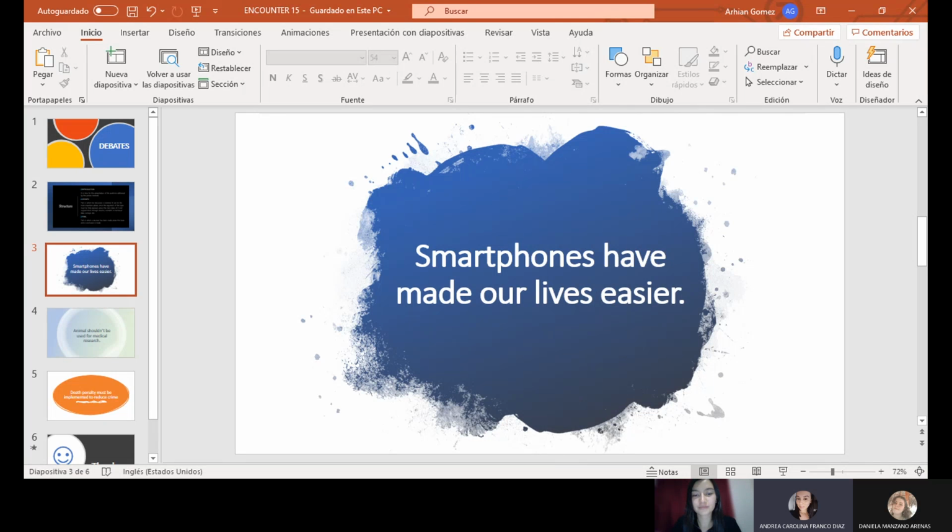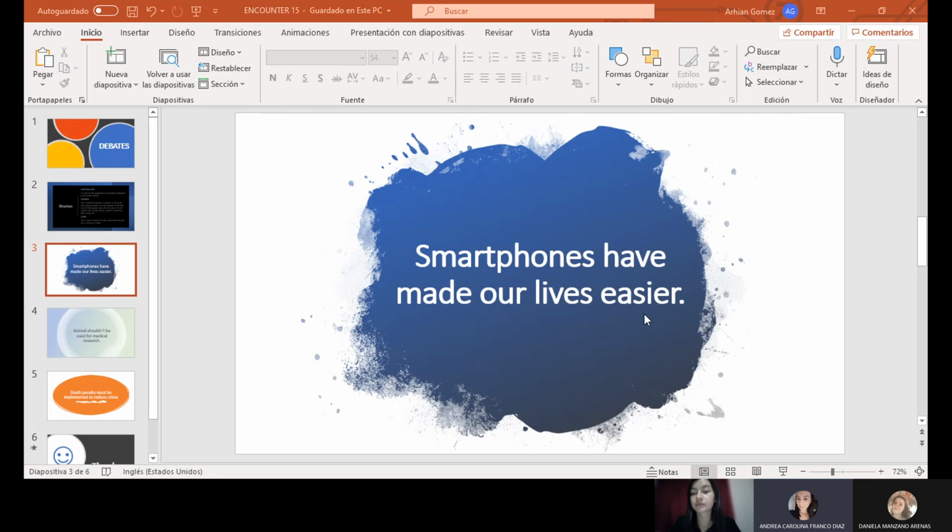Before the smartphones, many parts of life used to be difficult because we didn't have the facility of having fast information or finding different options that the smartphone brings to us. What more can I say is smartphones, of course, make life easier for many people. What more can I say?